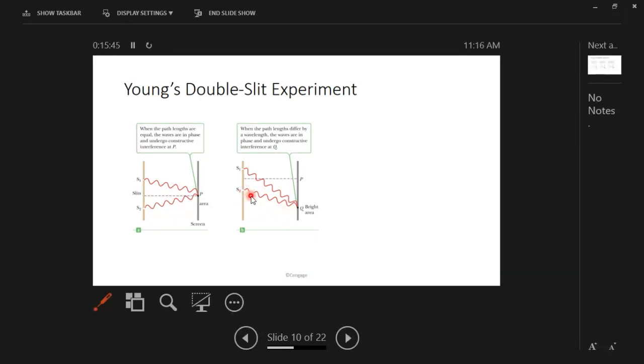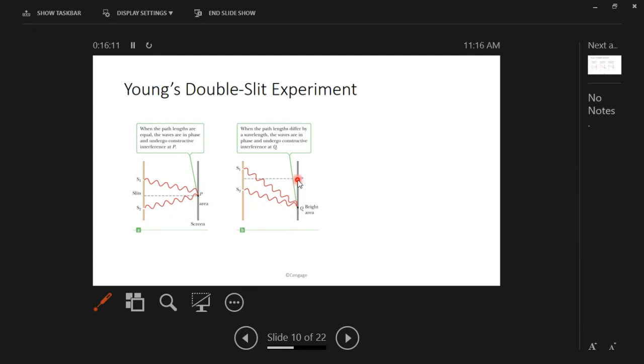You can actually count the wavelengths here that you have for the second wave and the first wave, and you see that the difference between the two is exactly one wavelength. The path difference is one wavelength, and that is the condition to have a constructive interference. So at this point, you are going to see another bright fringe.